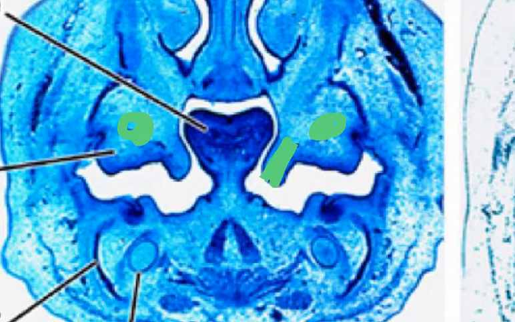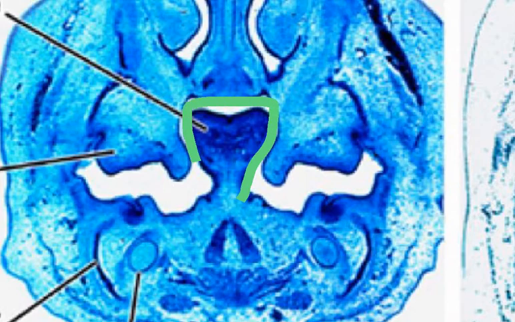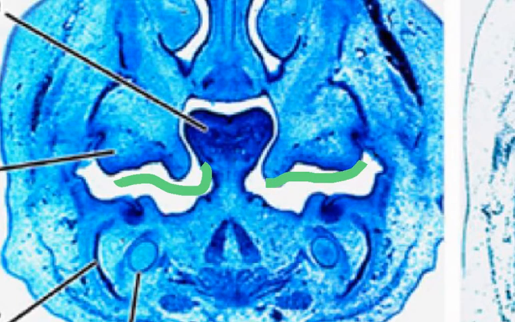lateral palatal shelf. At this stage, you see that the tongue is sticking up because the oral cavity is small and the tongue is large.